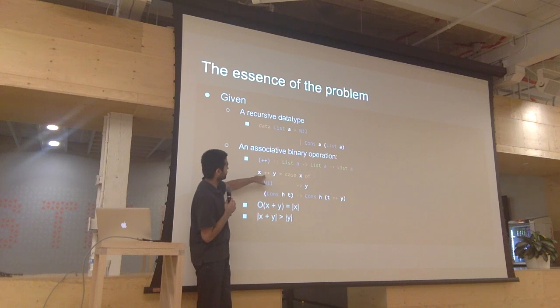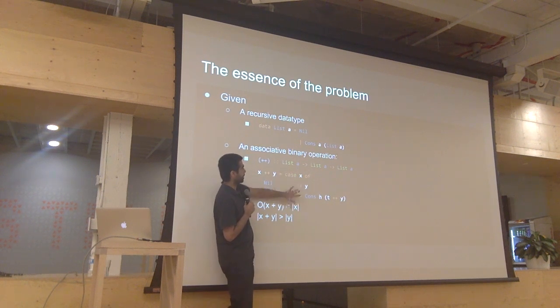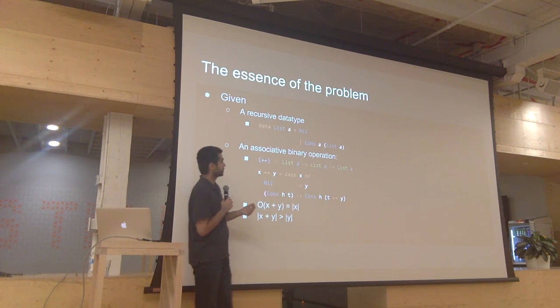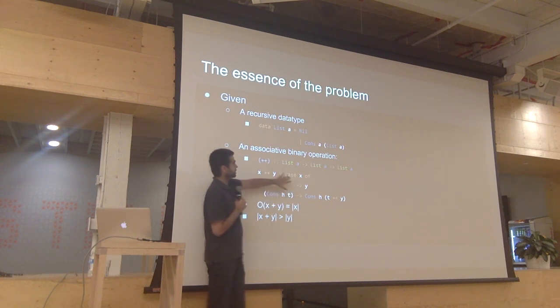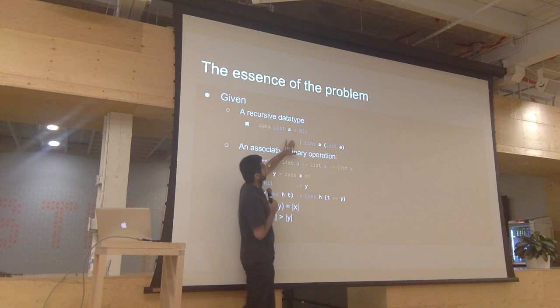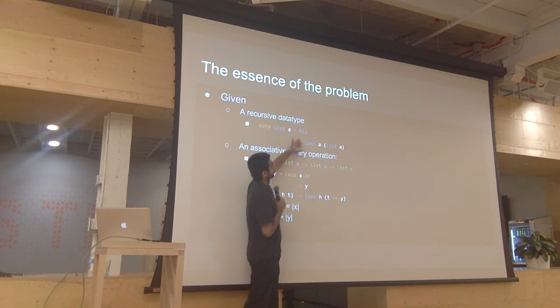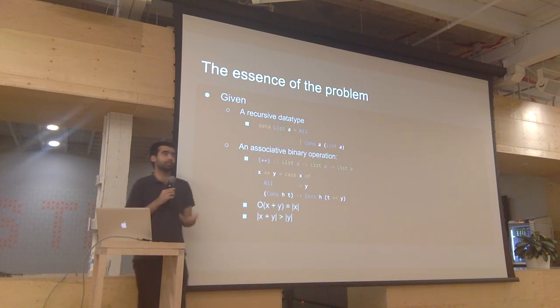So here we've got this operation, x and y, and this is one way that I would define this operation. I'm doing a case match on x. This is where I would pause and say that a lot of functional programming languages don't just use constructors as a way to construct the data type. They also see them as a way to decompose the data type.